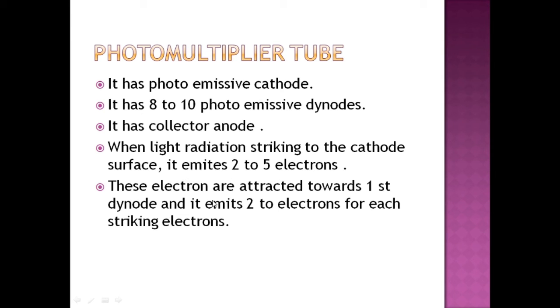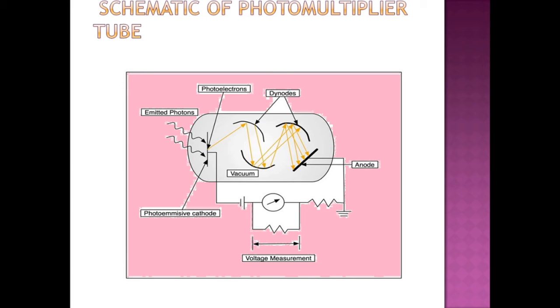These electrons are attracted toward the first diode, and it emits 2 to 5 electrons for each striking electron. This is a schematic of the photomultiplier tube.